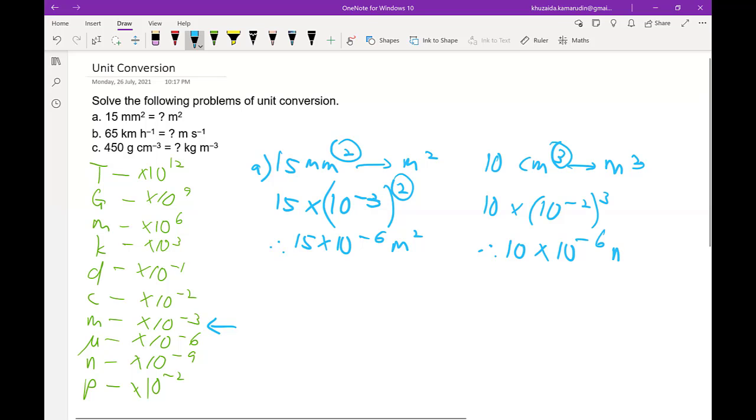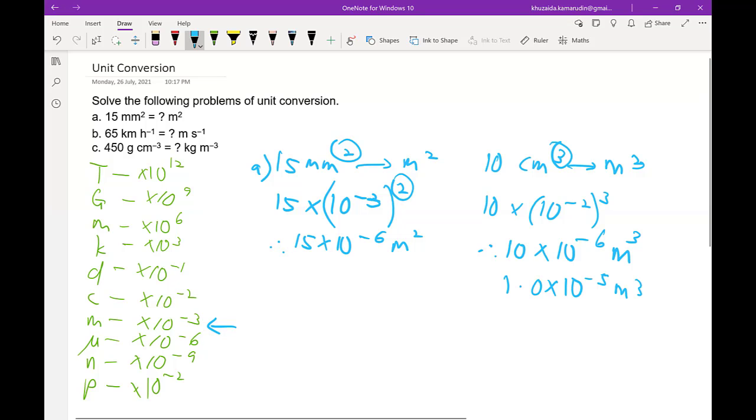After all, if we want to write in standard form, or PRY, so 1 times 10 to power of negative 5 meter cube. Okay, all right. So this one for question A.